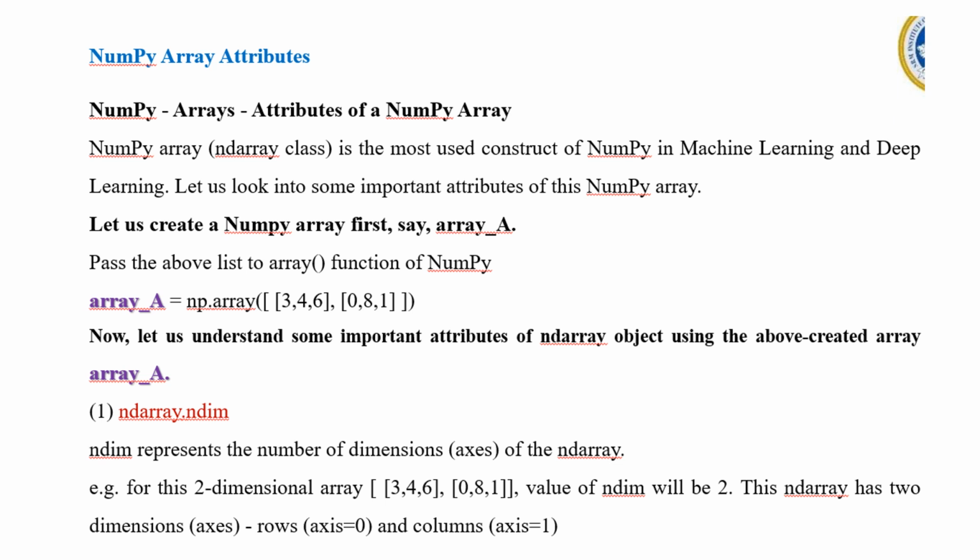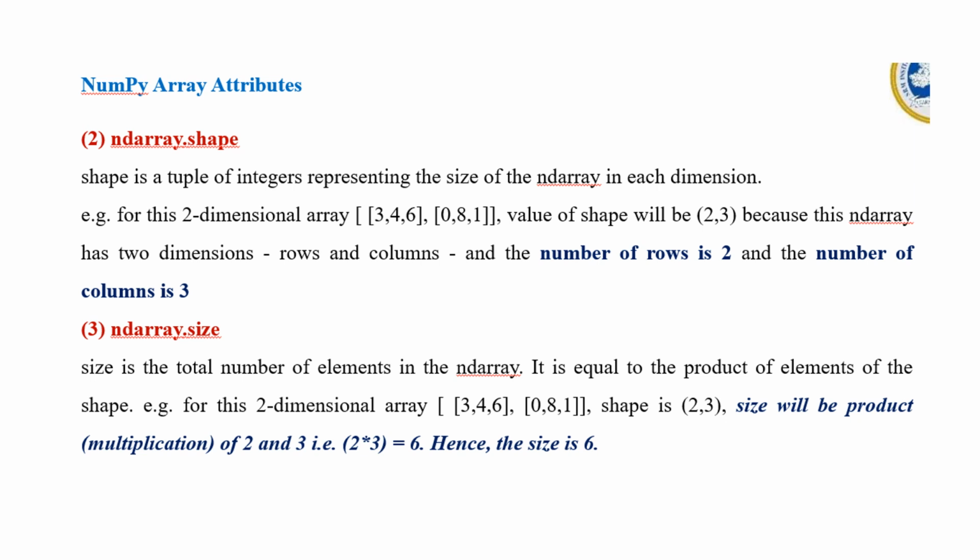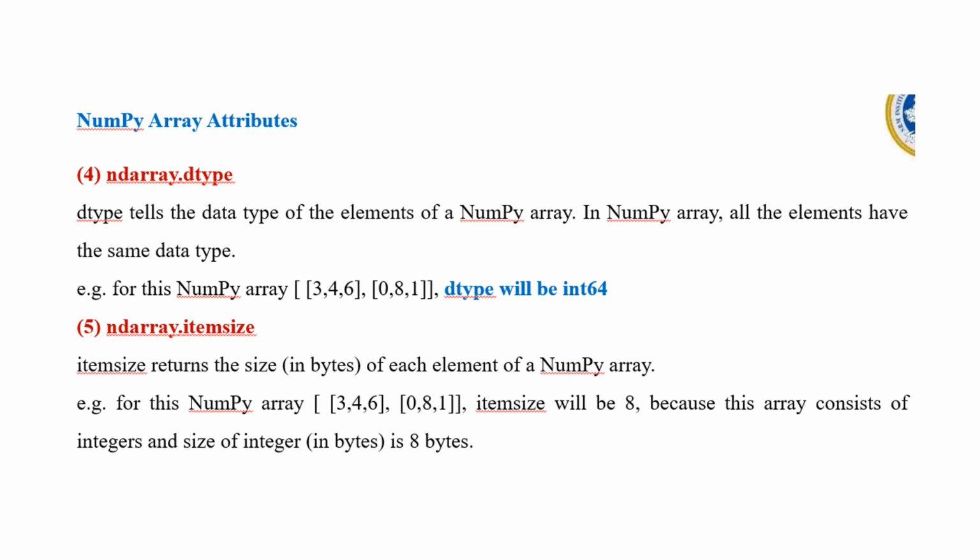Similarly, dot shape tells the number of rows and the number of columns in the array. And ndarray dot size represents the product of the elements of the shape, that is number of rows into columns. So dot size, dot shape, dot ndim.